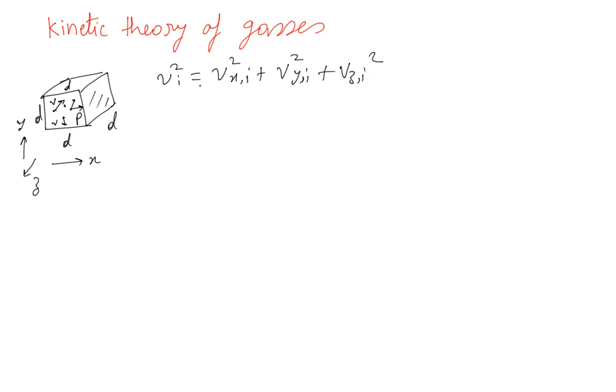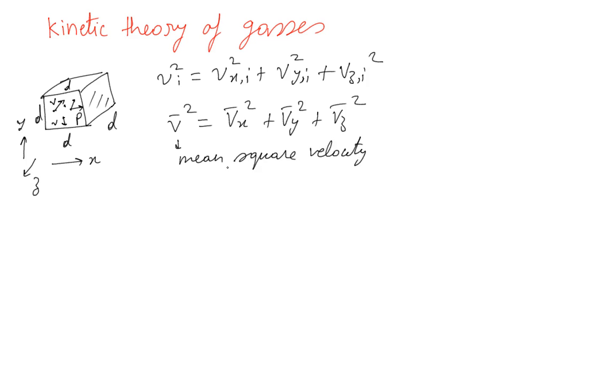Now vi is going to be different for all the atoms, but we can always approximate this equation for all the molecules and write the same equation with averages, and this is called mean square velocity. If you take a square root, it becomes root mean square velocity, or RMS velocity. We don't know about this right now, but we'll understand.